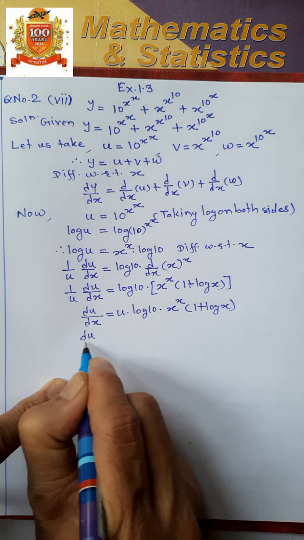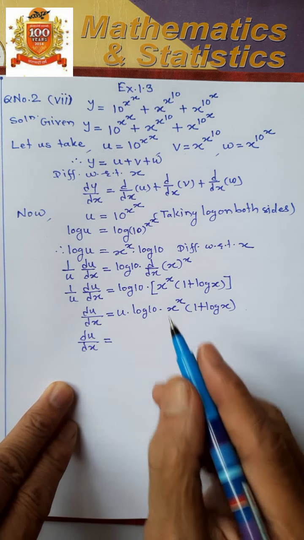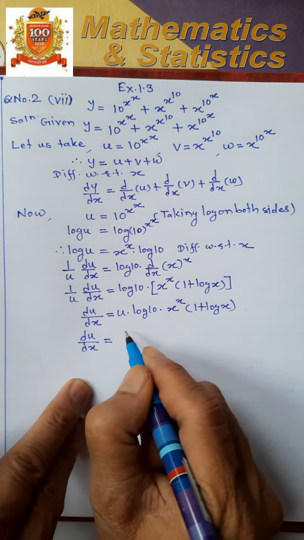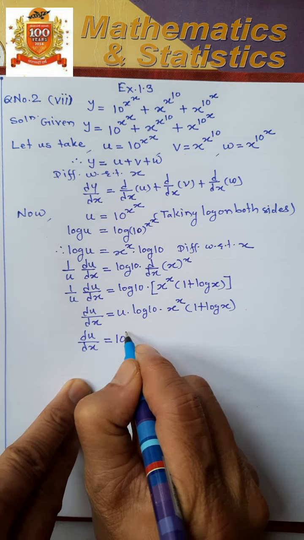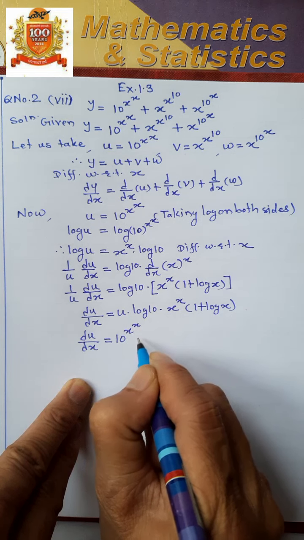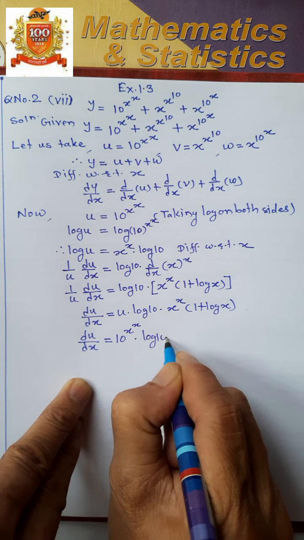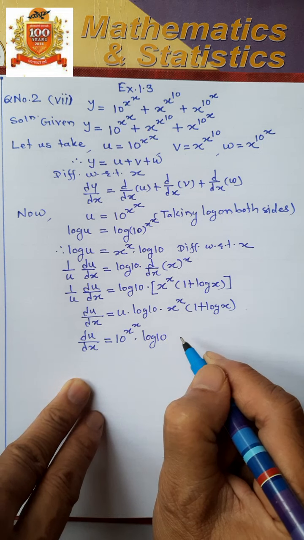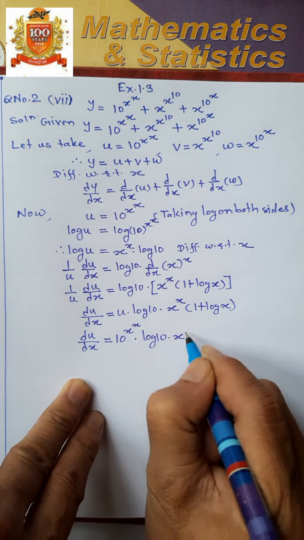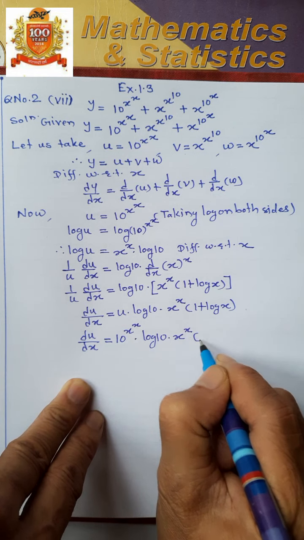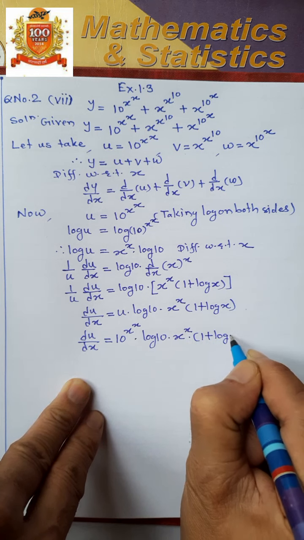Therefore du by dx is equal to, what is the value of u? 10 raised to power x raised to power x into log of 10 into x raised to power x into 1 plus log of x.